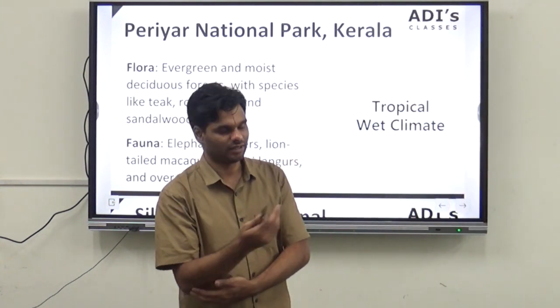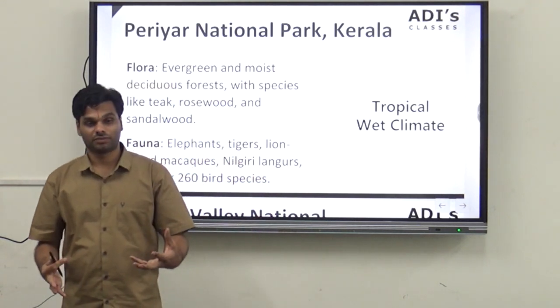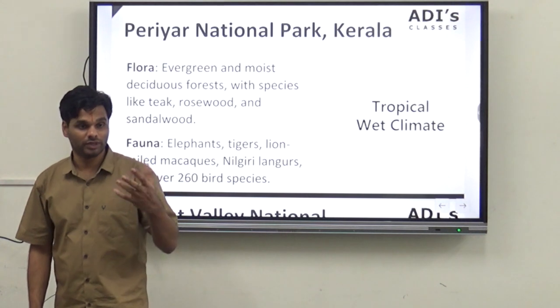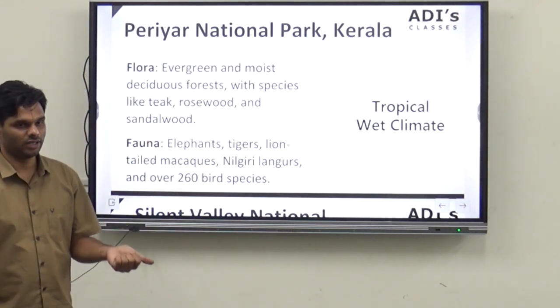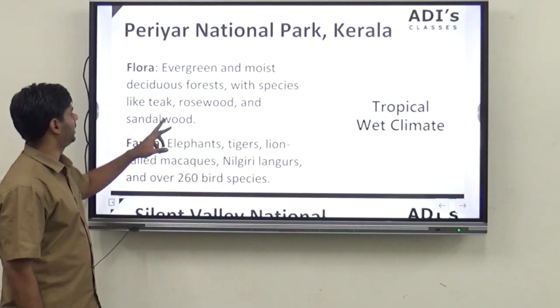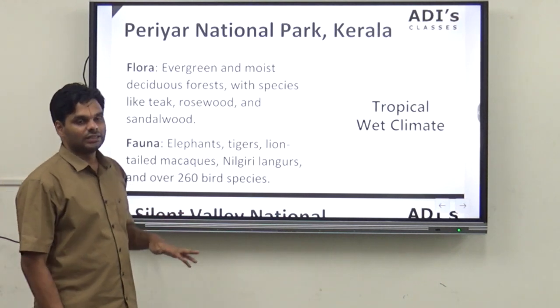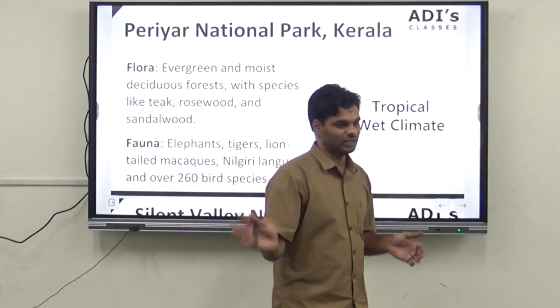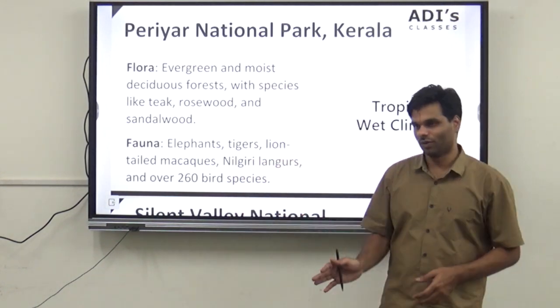Eco-sensitive zone. Again, yeah, Dandeli is again. So rosewood, even if you just walk on the street, you can see rosewood. Rosewood is very rich actually. So rosewood, teak, sandalwood also. Sandalwood you can grow now in India, just so you know. Earlier there was a ban on growing sandalwood, but now you can grow.